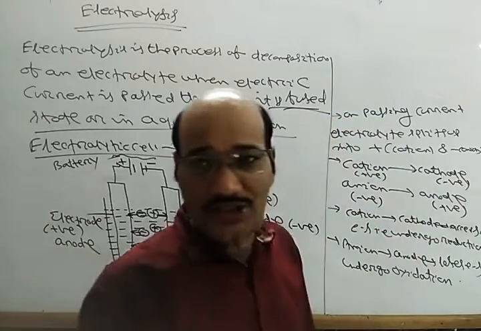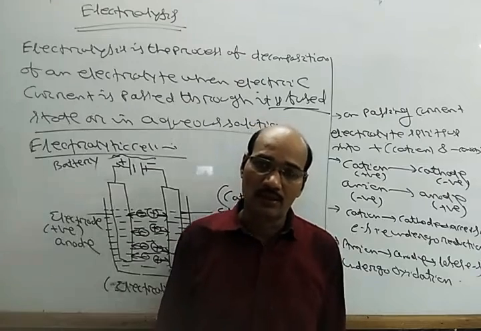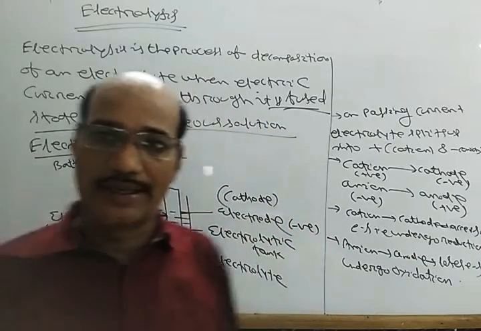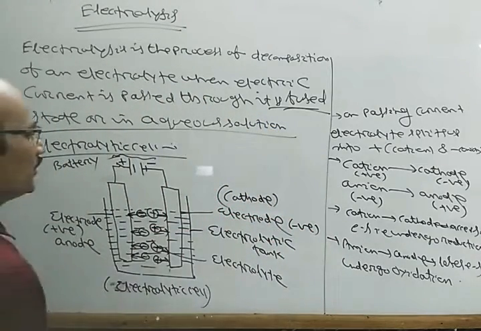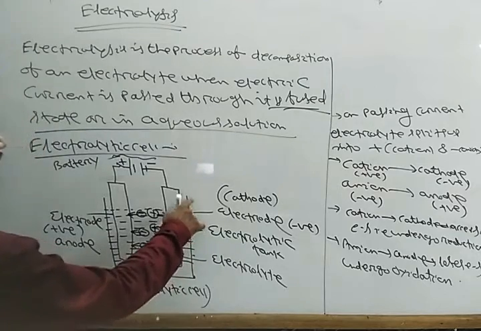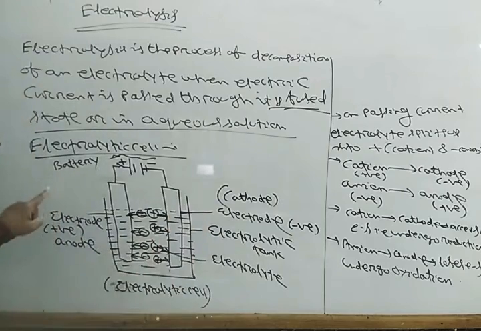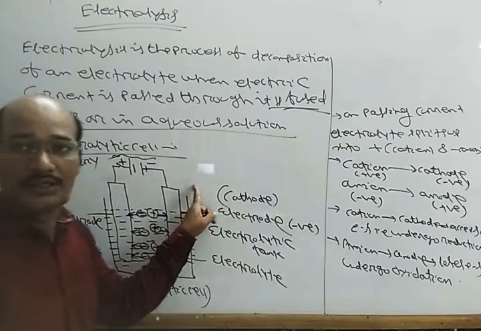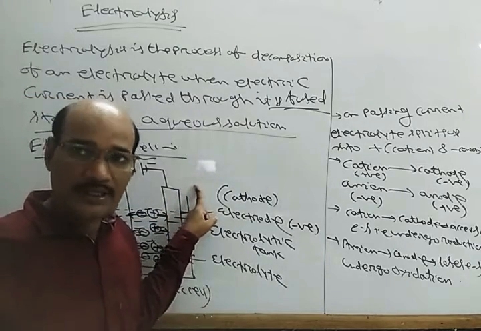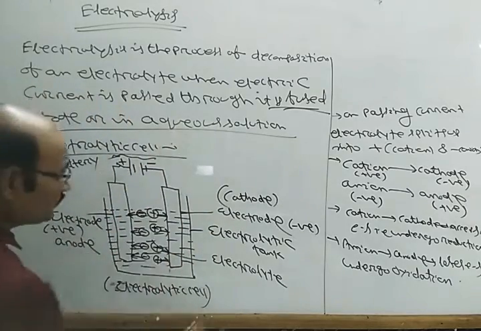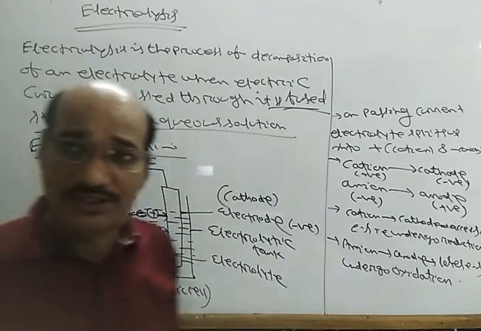So reduction takes place at the cathode and oxidation takes place at the anode. Here at the anode oxidation takes place, and here at the cathode reduction takes place. This is the way the process of electrolysis goes on.